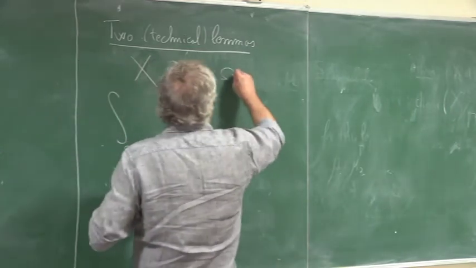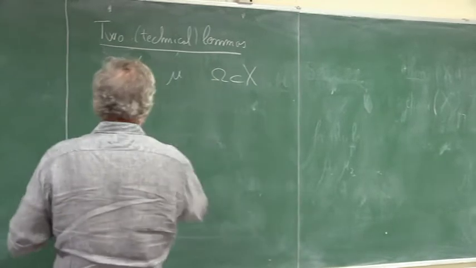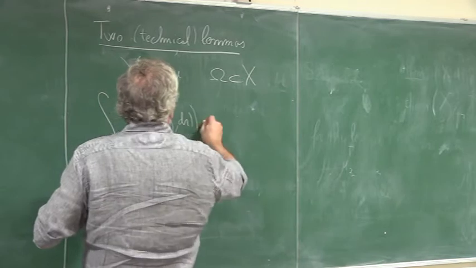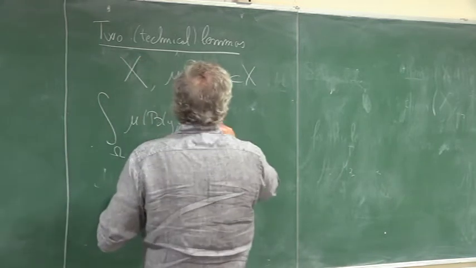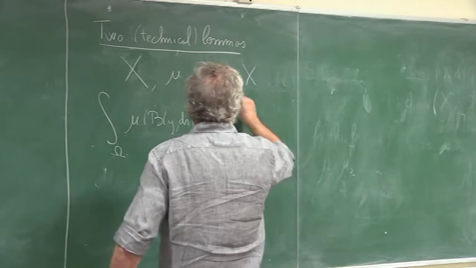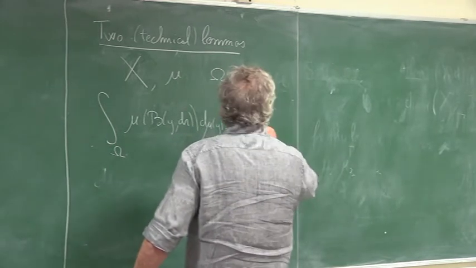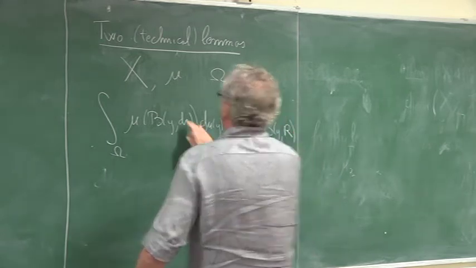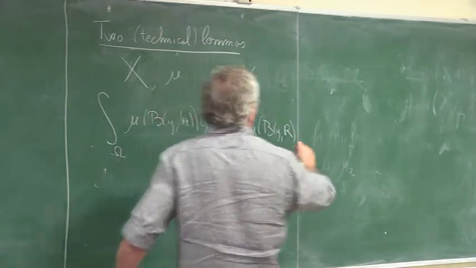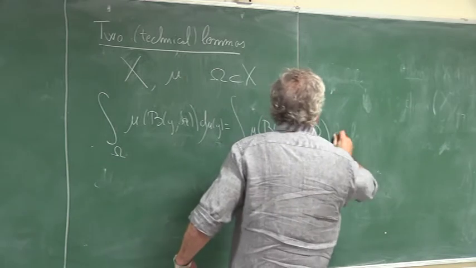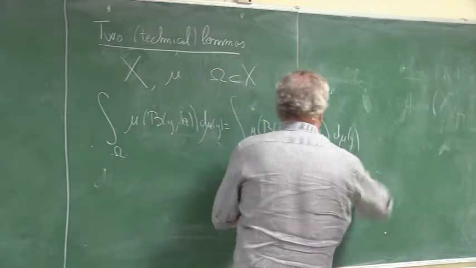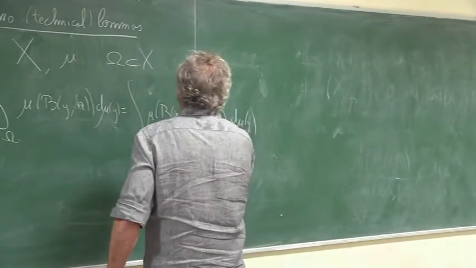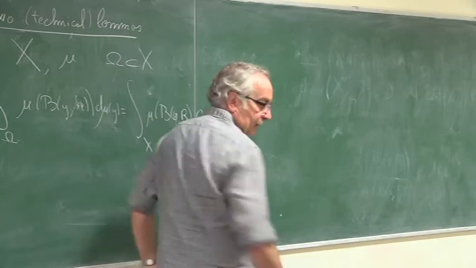And for any omega included in X, this integral d mu y is equal to the integral over X of mu of B(y, r) intersected with omega d mu y. I'm sorry, this was r. Or maybe I should change the notation just because we have two different integrals.